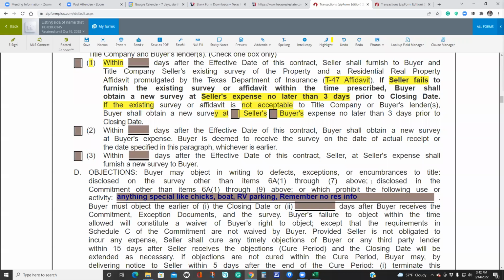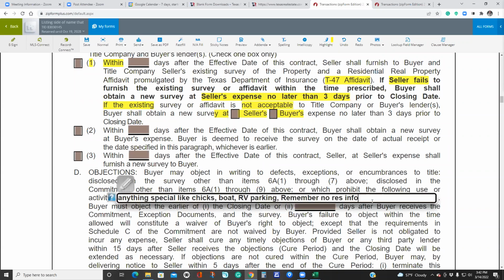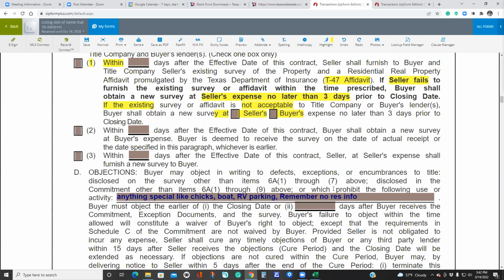What I mean by that, I don't need to have anything in here like for residential use because you're using the 1 to 4 family. And this says which prohibits the following use. And if it prohibits residential, we should probably be using the right contract, right? So know what you're getting into.